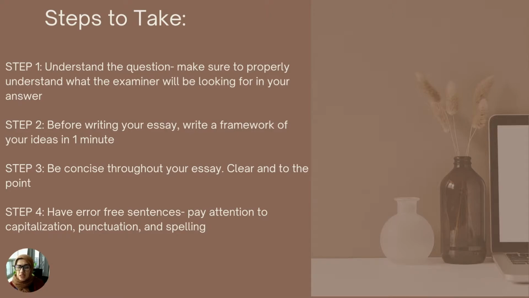Step 4 is try to pay attention to any errors that you have within your sentences. It's so important to have error-free sentences, because this shows the examiner you're capable of writing an essay that is to a native speaker's level.